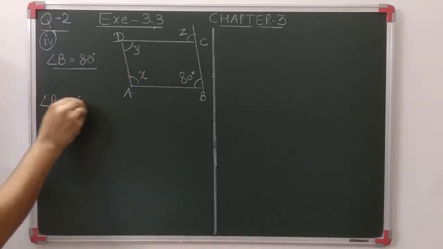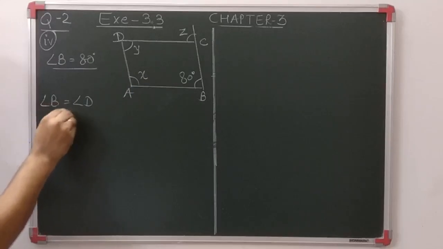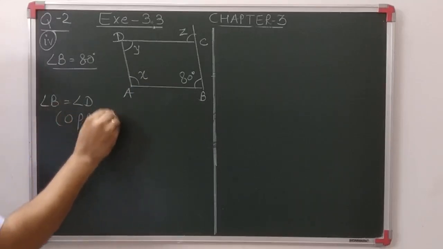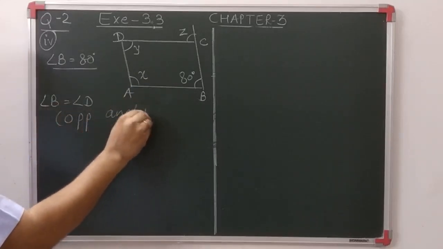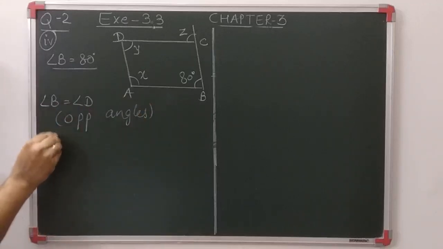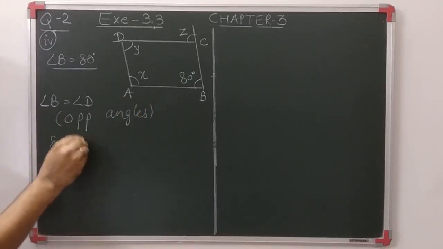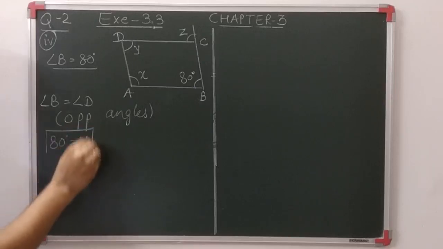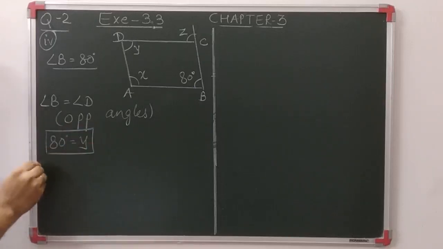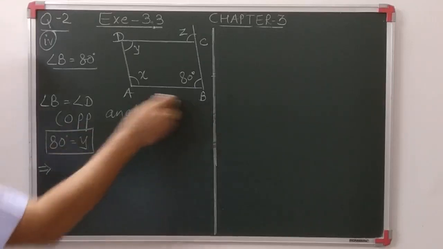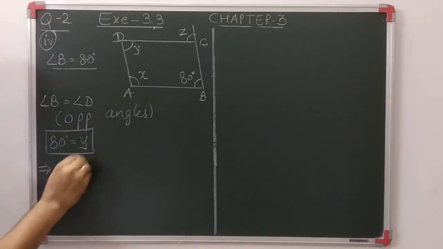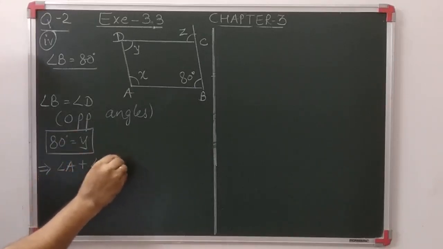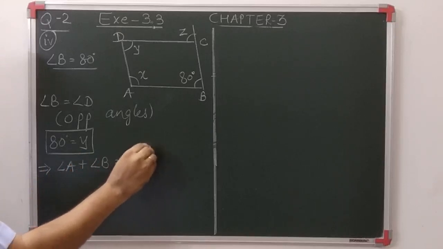First, angle B is the same as angle D, because they are opposite angles of a parallelogram. So they are always equal. So we can say that 80 is equal to Y. So Y is obtained. Now as we discussed earlier, B and A are adjacent angles, and adjacent angles are supplementary angles.